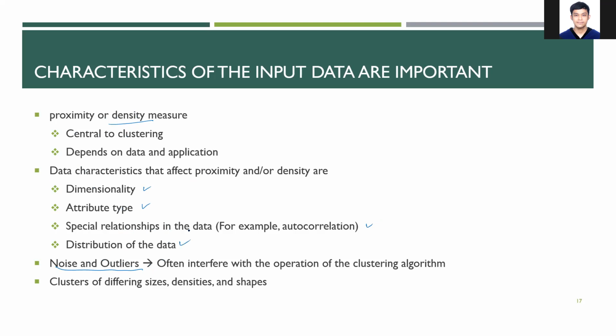So when we do data clustering, we first analyze how big the dimensionality is and what kind of attribute type it is, nominal, ordinal, categorical, or ratio data, because different types use different similarity measurements. And we also have to consider the distribution of the data.